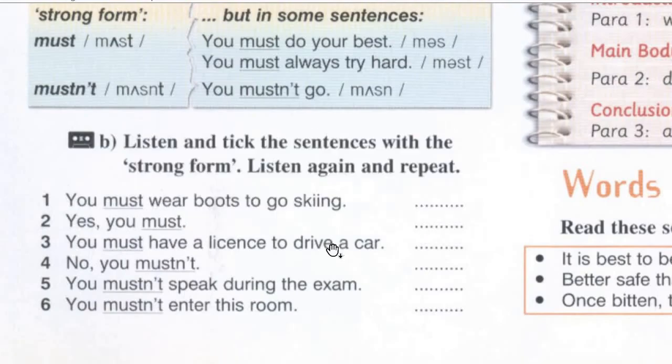Pronunciation. Exercise 22B. Page 75. 1. You must wear boots to go skiing. Soft. 2. Yes, you must. Strong. 3. You must have a license to drive a car.